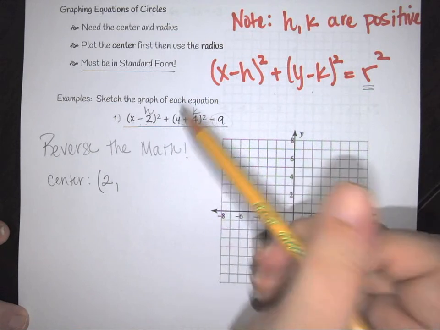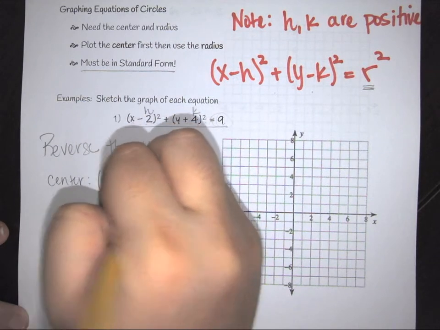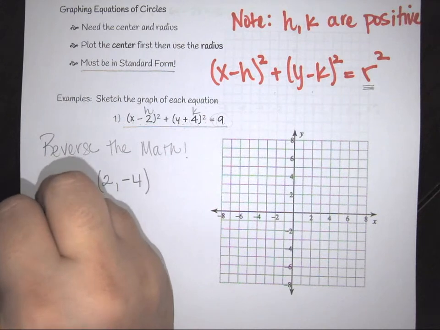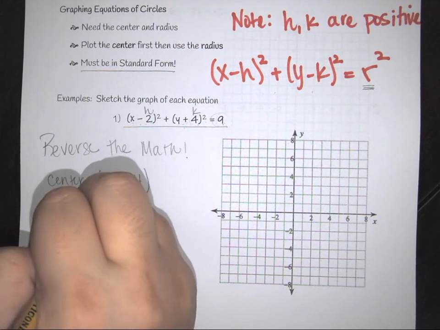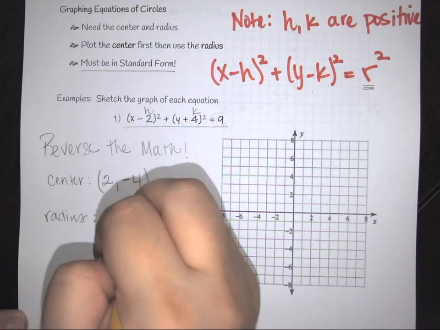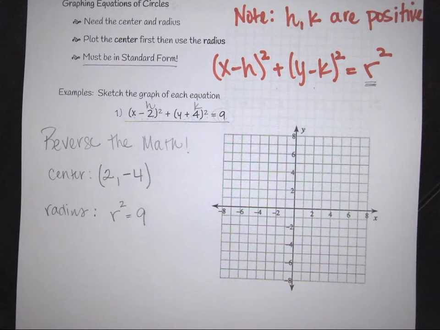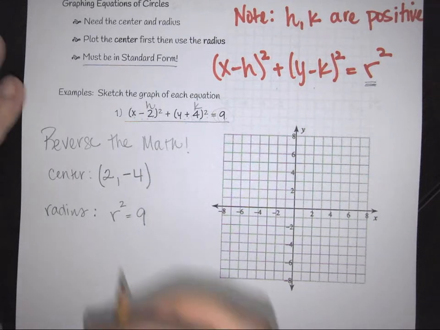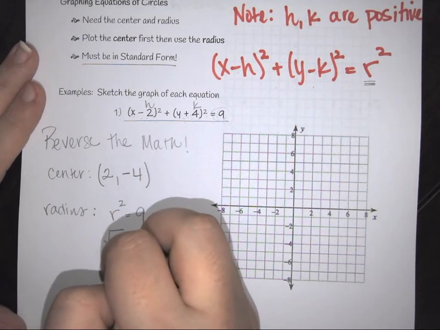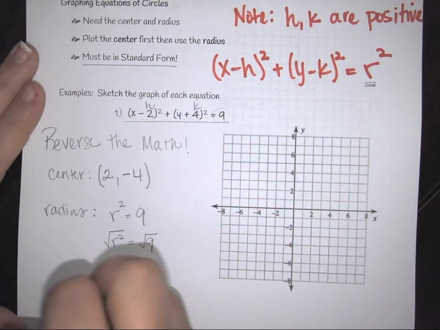Because this is positive, it means my k value is negative 4. And then to find my radius, I need to remember that the equation uses r squared, and in this case that's 9. Therefore, I have to take the square root of both sides. Therefore, r equals 3.